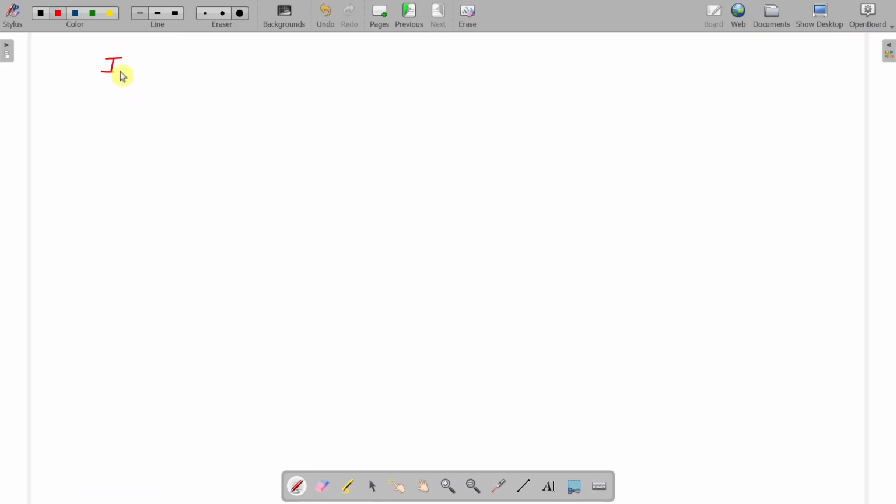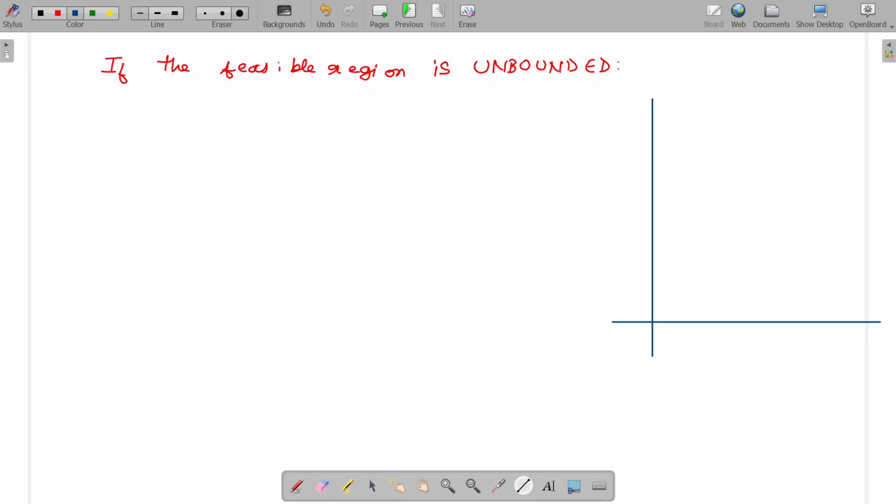Now we have to take the case that if suppose the solution region is not bounded. Okay, so if the feasible region is unbounded, this case you have to consider. So now let us draw a graph to understand what you mean by unbounded. Okay, so this is the x-axis, this is the y-axis, origin here.